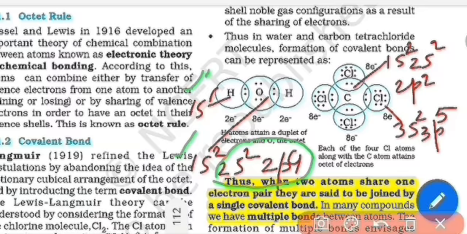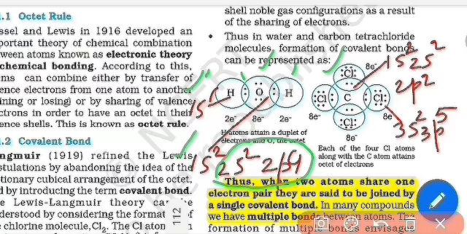Hydrogen has only 1 electron and needs 1 electron to complete its duplet. So one oxygen atom shares electrons with 2 hydrogen atoms, and in this way oxygen gets 2 electrons from 2 hydrogen atoms. Its octet gets completed and hence it becomes stable. Both hydrogen atoms, as they need 1 electron, share 1 electron with oxygen and get 1 electron of oxygen, and hence both hydrogen atoms also become stable.